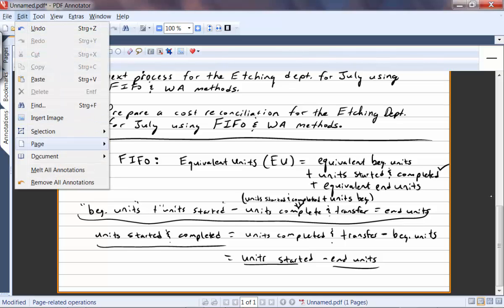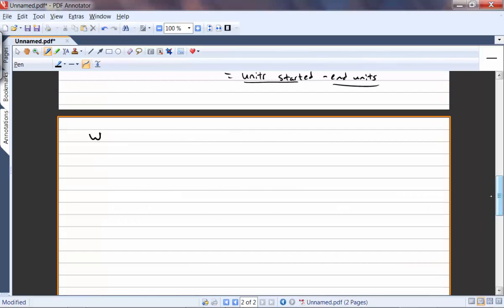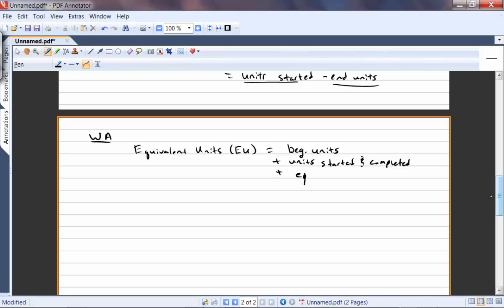Now, what about for weighted average? Equivalent units for weighted average is equal to not the equivalent beginning units, but just the beginning units, plus units started and completed, plus equivalent ending units.